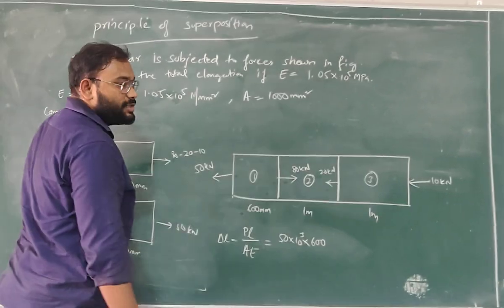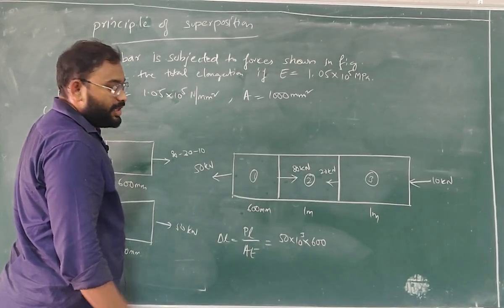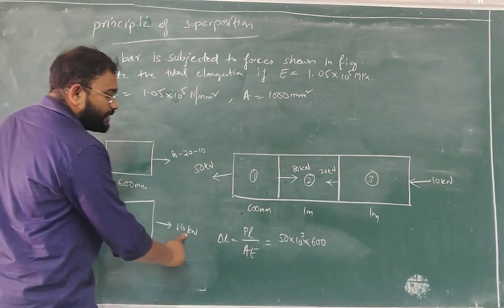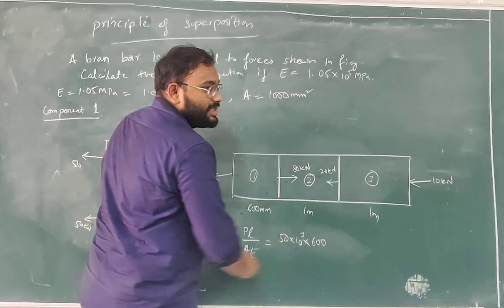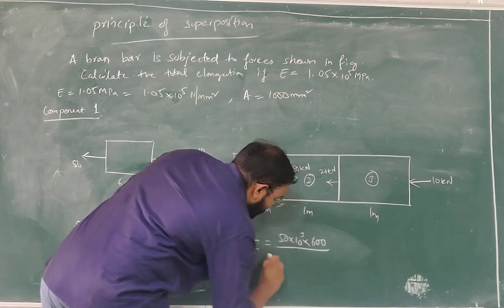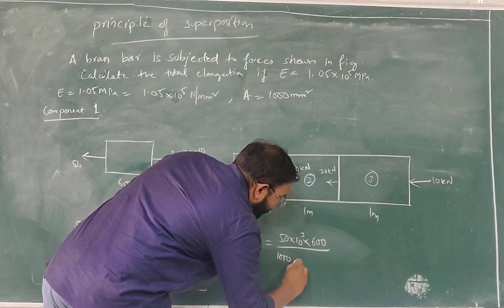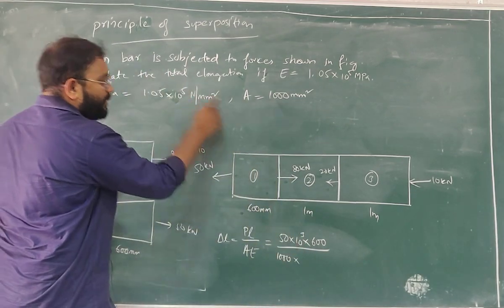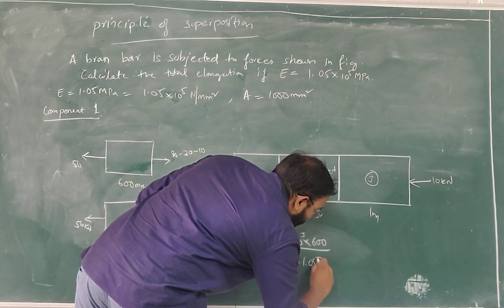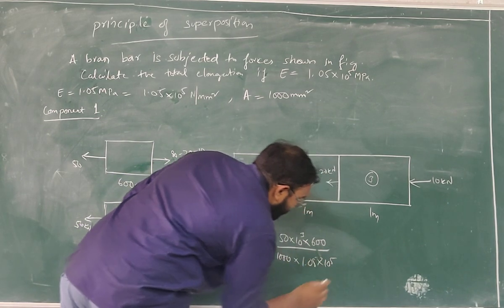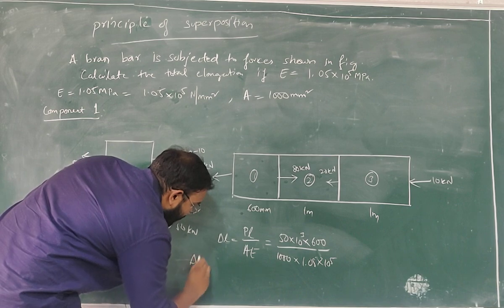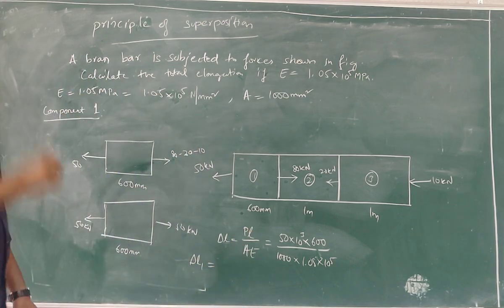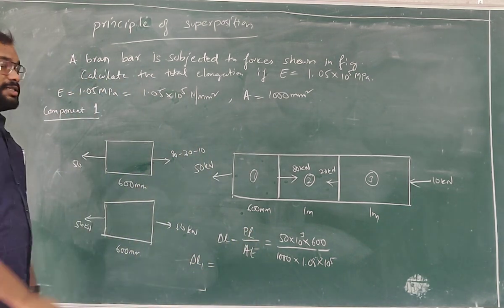Substitute all the values in Newton and millimeter. This force I am taking as 10 power 3 because it is in kilonewton. Divided by A, which is 1000, and E is given in Newton per millimeter square, 1.05 times 10 power 5. Now calculate this one for me. What is the answer for delta L1?